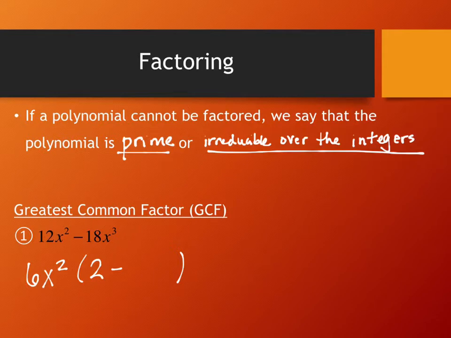It's an 18. So what is 18 divided by the 6? 3. But then I have x cubed, and I only pulled out an x squared, which means there's still an x. So I have negative 3x. And if you wanted to confirm that you did it correctly, besides the back of the book or something like that, you could multiply it back out to confirm it, right?